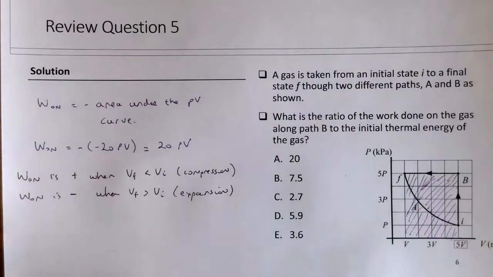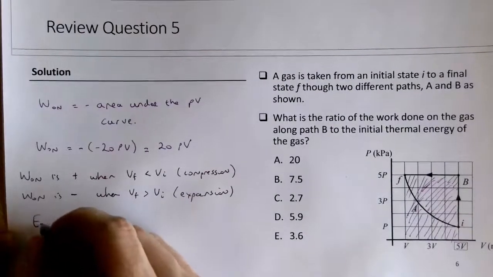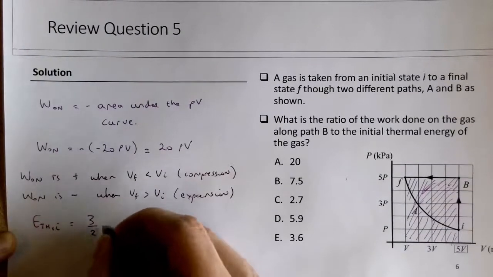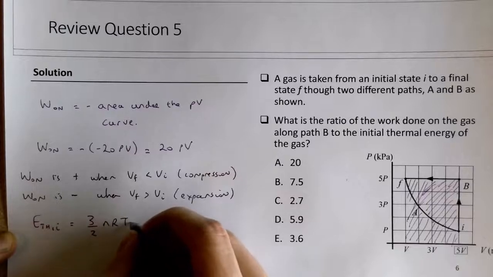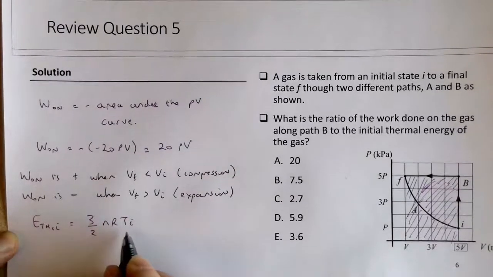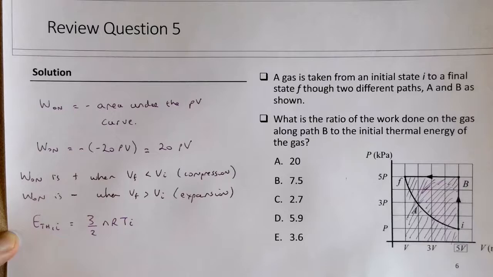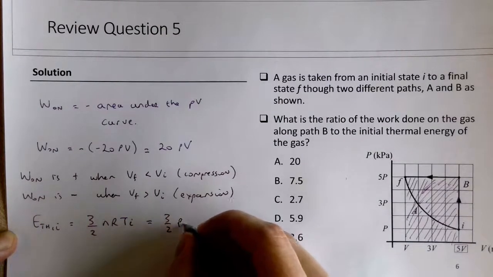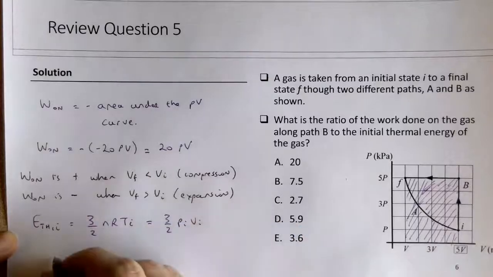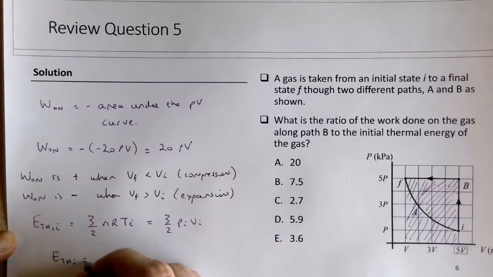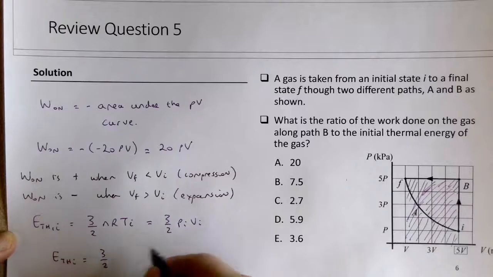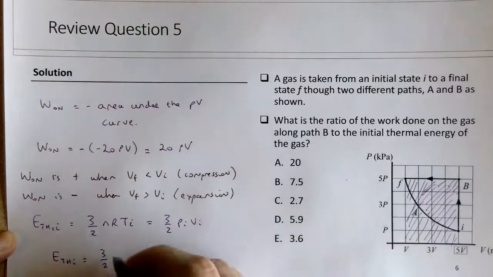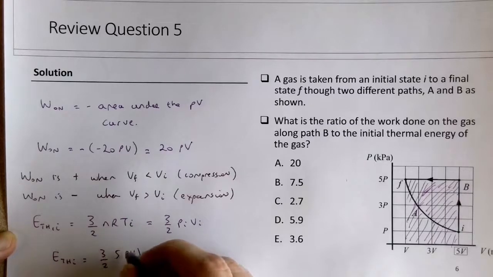So the initial thermal energy, E thermal initial, is 3/2 of nRT initial, but this quantity nRTi is equivalent to Pi times Vi. So E thermal initial should be 3/2 of the initial pressure P times the initial volume 5V, so it's 5 PVs.